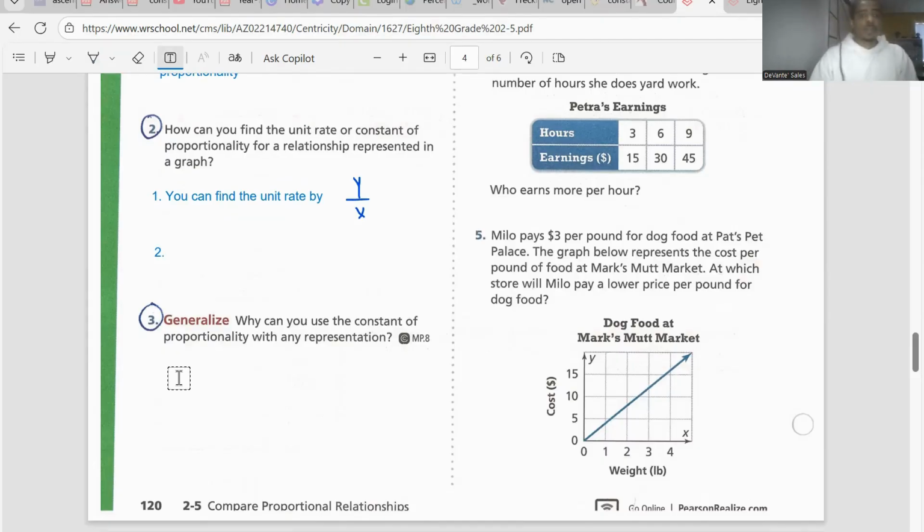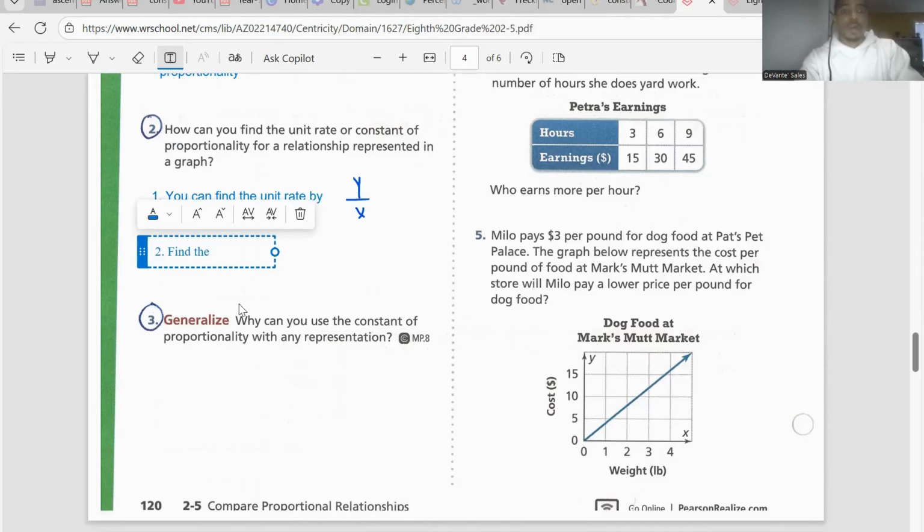The second thing that you can do, when you're dealing with trying to identify your unit rate or your constant of proportionality, you got to find or identify the point 1, R. Now I know y'all like, what?